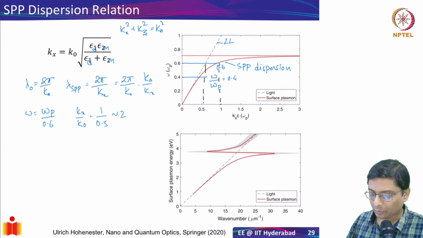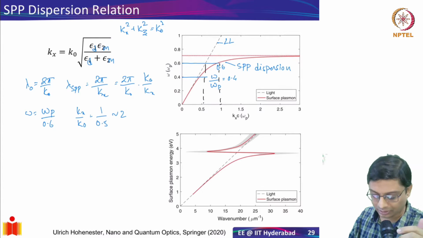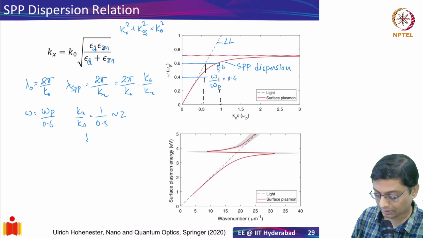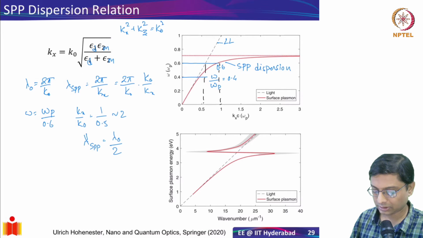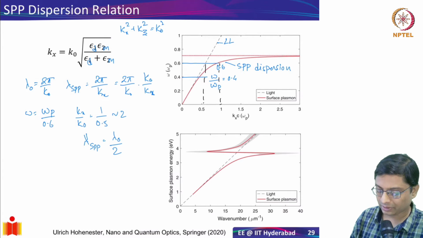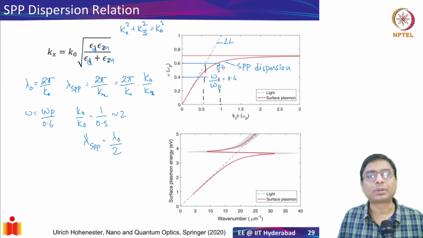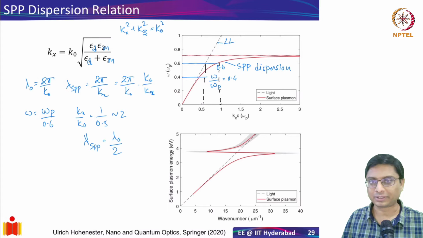Now, what does it mean for that surface plasmon polariton? The wavelength of the plasmon polariton, lambda SPP, is going to be lambda naught divided by 2, since kx by k naught is 2 and we take 1 over that. So, the wavelength of the plasmon polariton is half the free space wavelength.